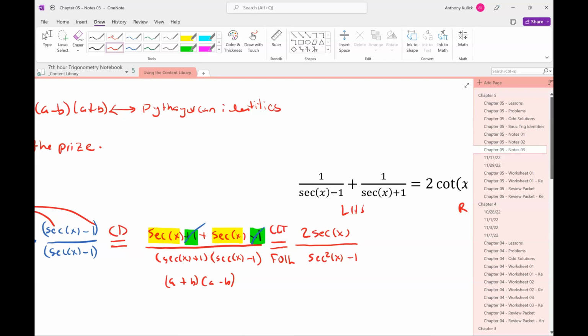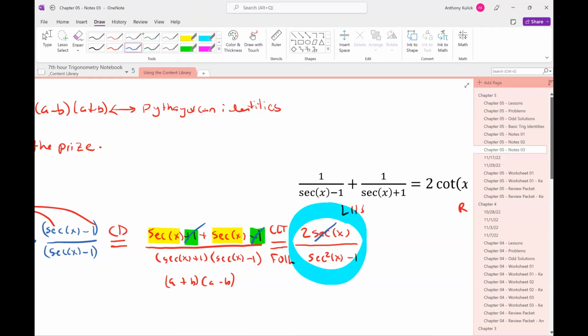Can I reduce this fraction? What do you think? Can I cross out the secants? Think hard about this. This is a very important question I'm asking right now. We're down to a single fraction. Right here.